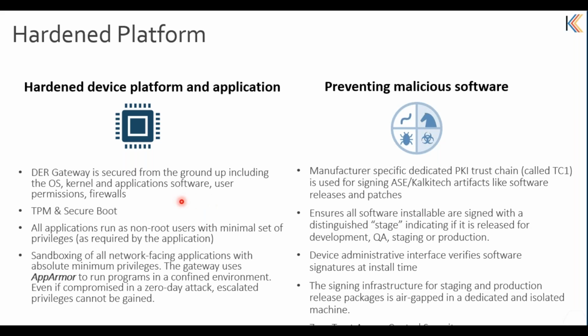The external gateway comes with a TPM, trusted platform module, with a secure boot feature inbuilt. It also has application sandboxing. This primarily ensures that whatever applications are facing the network are provisioned with the minimum privileges, so that they cannot be used to enter into the system and cause any malfunction of the devices.